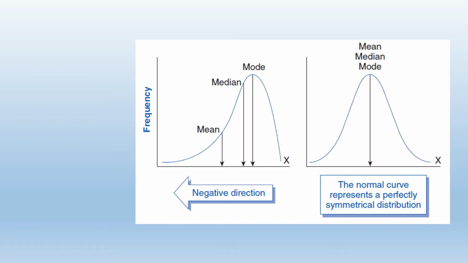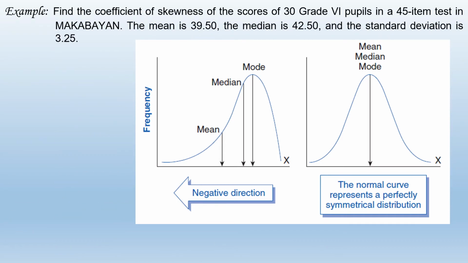Let's now proceed to the next example. Find the coefficient of skewness of the scores of 30 grade 6 pupils in a 45-item test in Makabayan. We know Makabayan, that's actually the equivalent of social studies. The mean is 39.50, the median is 42.50 and the standard deviation is 3.25.